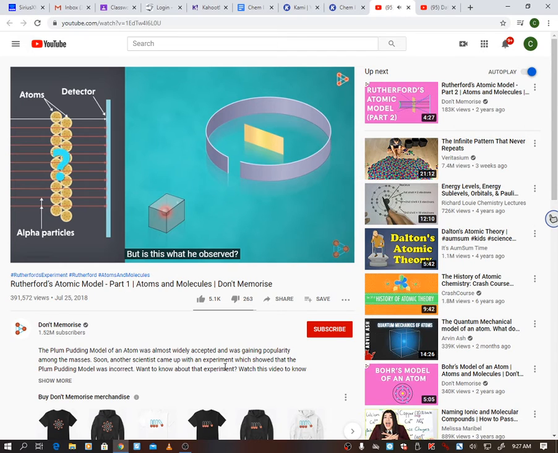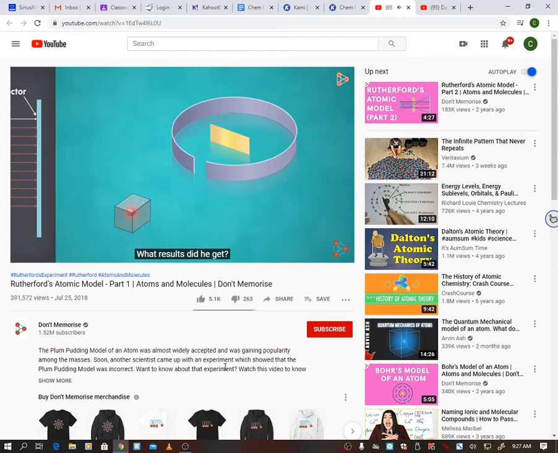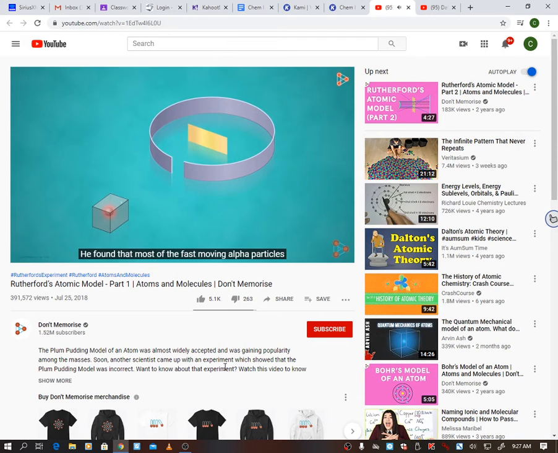But is this what he observed? Not really. He was astonished to get unexpected results. What results did he get? He found that most of the fast-moving alpha particles passed straight through the foil and hit the detector. However, some particles got deflected by small angles. And lastly, to his astonishment, a few alpha particles also rebounded.